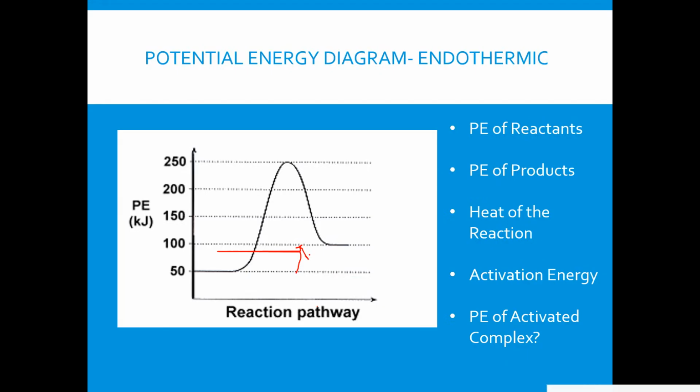If I look at my graph, right here I have the potential energy of the reactants. That's got a solid 50 to it. Products, that's over here. That's got 100. So 100 kilojoules of energy.